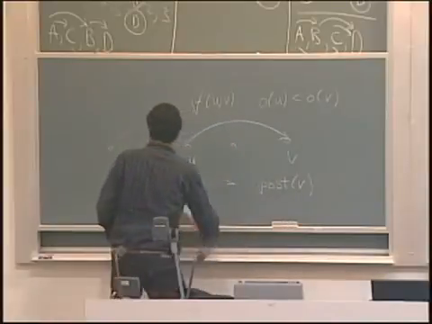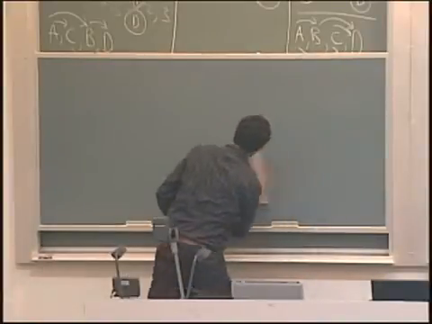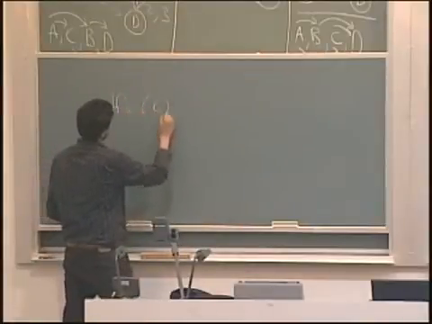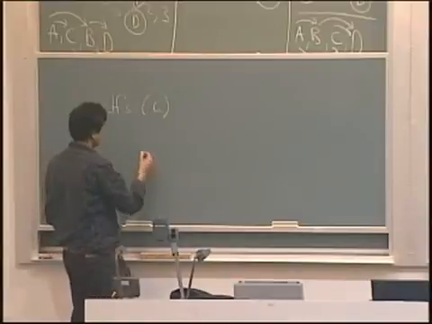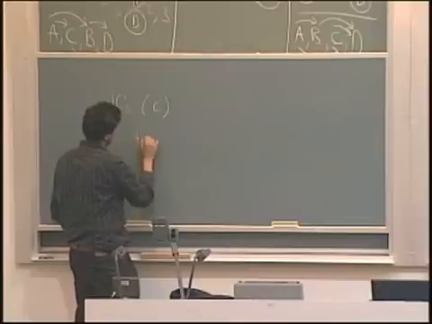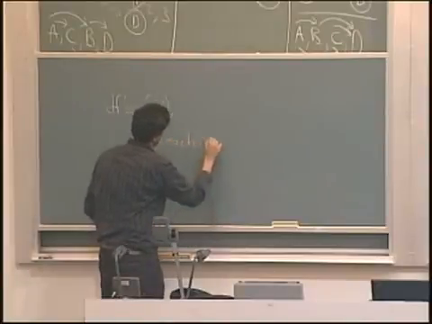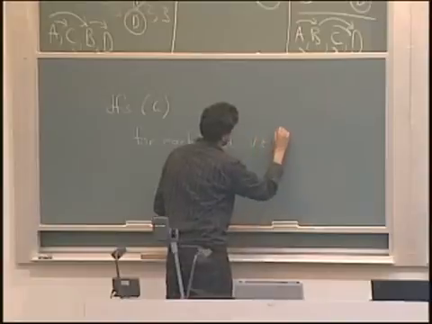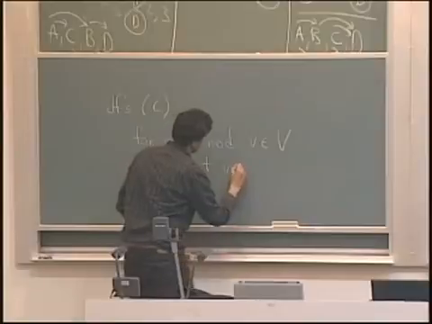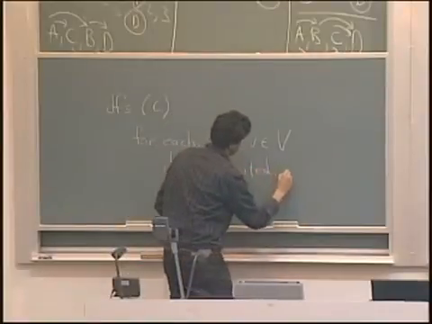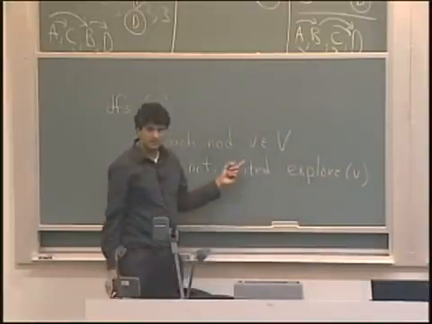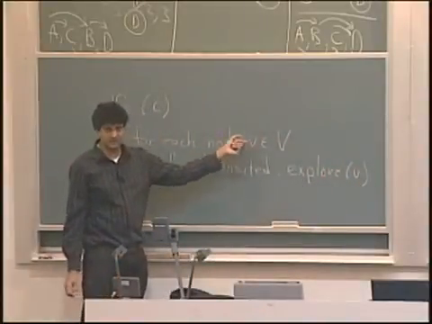Remember this? Here's the DFS algorithm. So DFS of G is, right? We assume we have a list of all the nodes at the beginning.